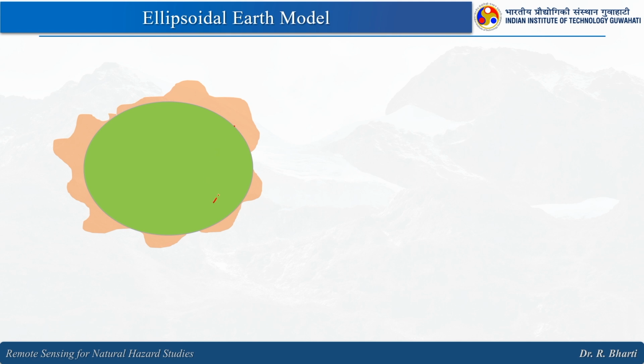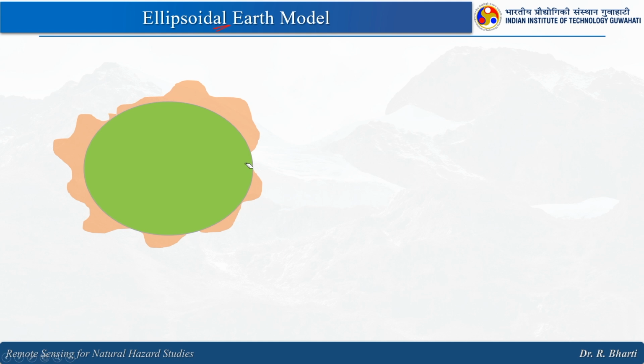So, this green color is basically the ellipsoid, right. This is the best representation of our earth surface, where it is also matching with the sea surface, but it is not matching very well with the topography.